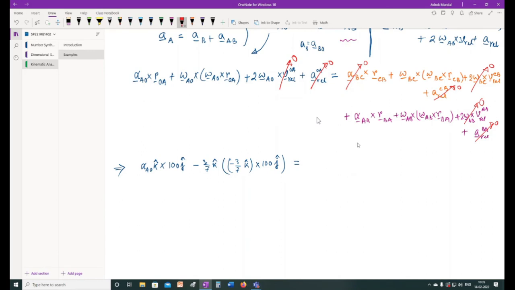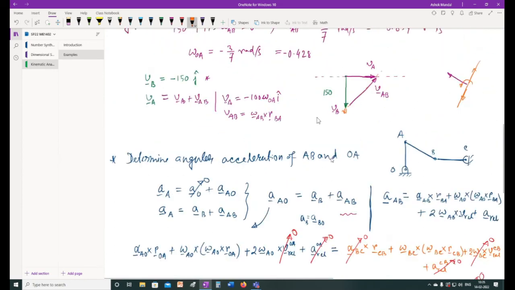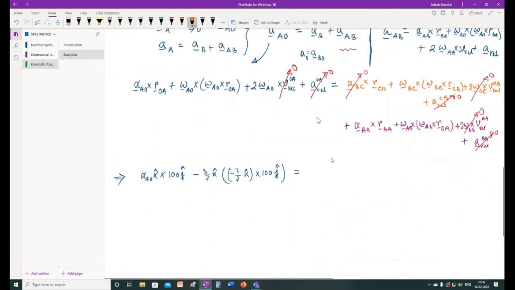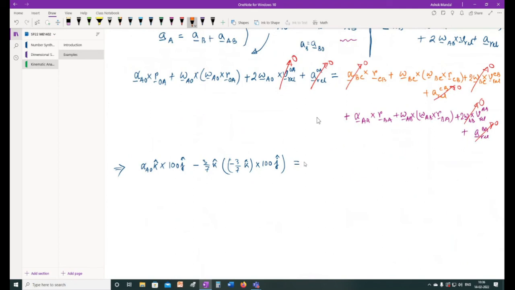Then what is omega BC? Omega BC is 2k. 2k multiplied with 2k cross multiplied with RB.